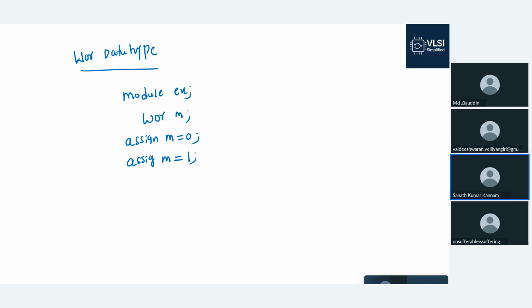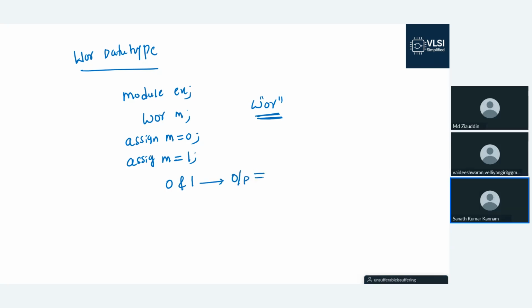Wor operation means, as the name itself says, OR operation. It will do the OR operation of 0 and 1. You know that for an OR operation, if any input is 1, the output is 1.